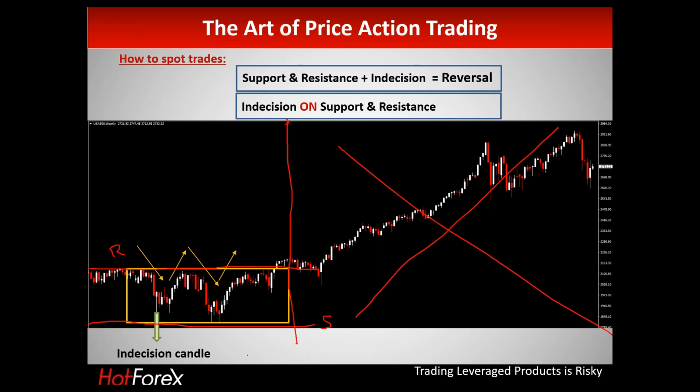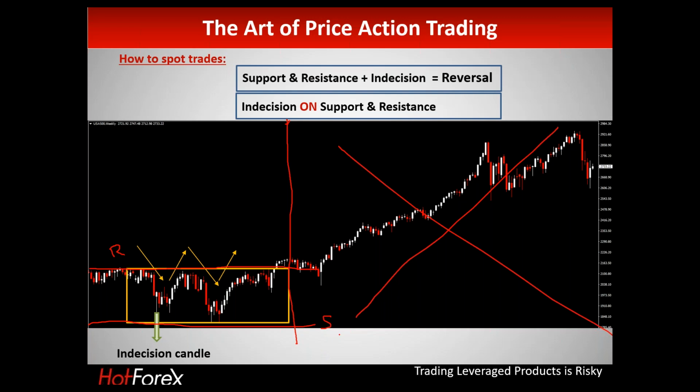So why is it important to spot your support and resistance first? Because any breakout above your resistance or below your support will give you an entry level. It will enable you to enter the market either long or short.